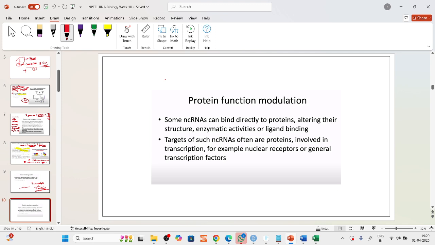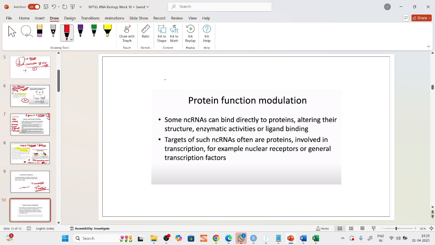So some non-coding RNA can directly bind to proteins, altering their structures, enzymatic activity, or ligand binding. Targets of such non-coding RNA often are proteins which are involved in transcription, for example, nuclear receptors or general transcription factors.